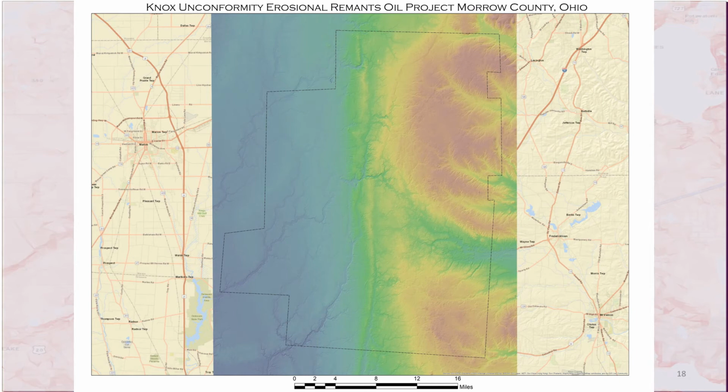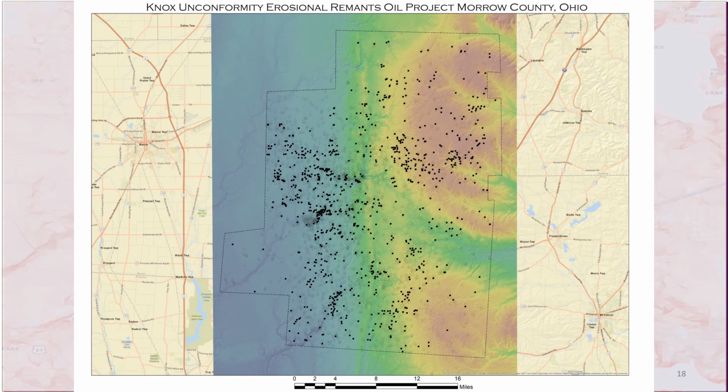With this map, I can put in all the dry holes. I can put in the producing oil wells or abandoned oil wells. Most of these are abandoned at this time. I can then draw my remnants in, and these are a combination of DEM and producing oil well.